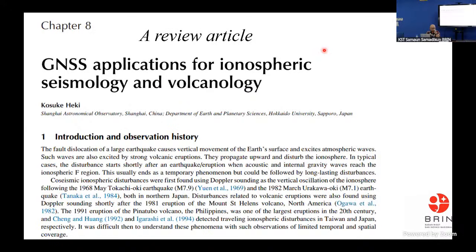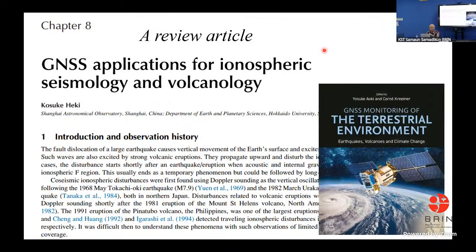And this is also a review article published this year. This is a book chapter in a book, and here I write about GNSS applications for ionospheric seismology and volcanology. And this is very comprehensive.